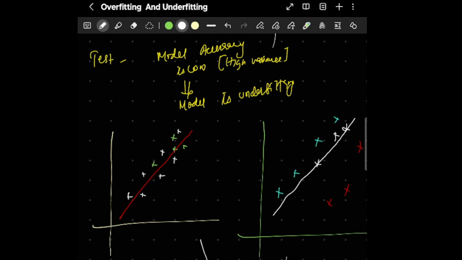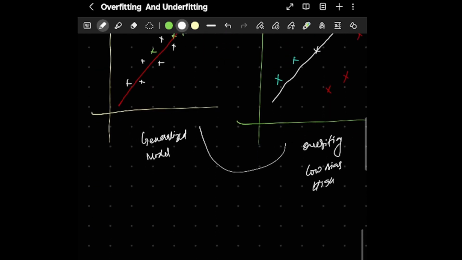What is the difference between both the pictures? This one is for the generalized model, low bias and low variance. This one is for overfitting, low bias, high variance.